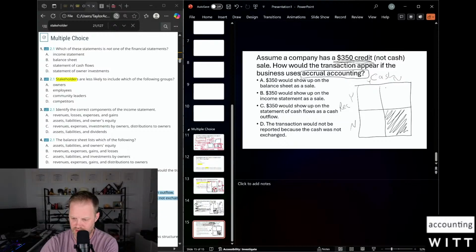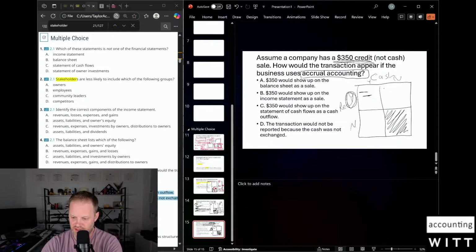If there is cash and recognition, then you have debit, revenue or expense, and cash. If you have credit, so you have a sale, that means that yes, there's a sale, but no cash.